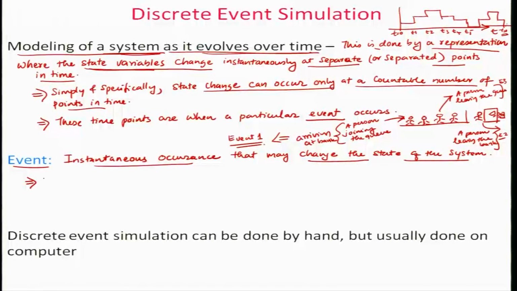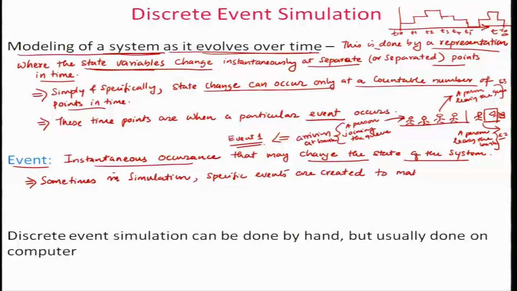So, in other words, sometimes in simulation, specific events are created to facilitate a decision about the system's operation.